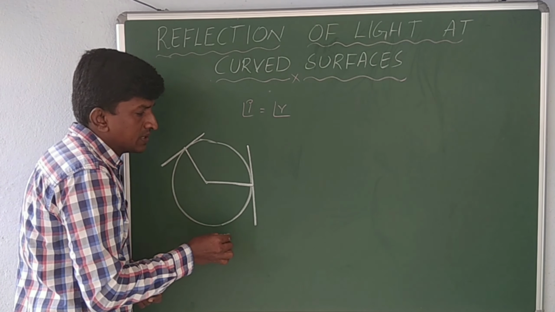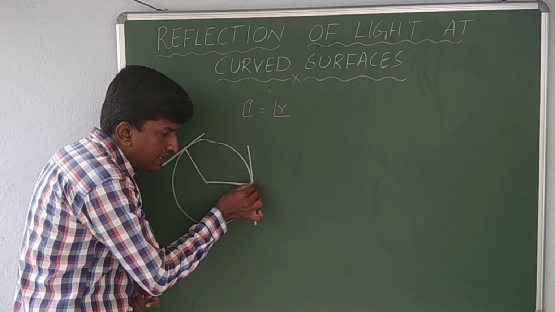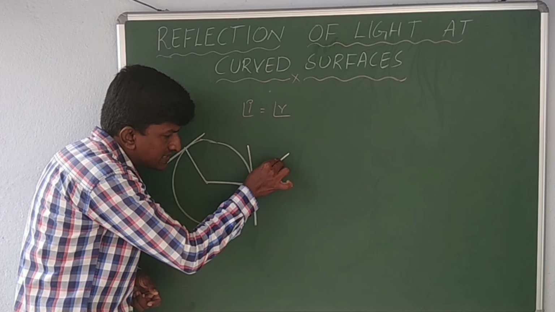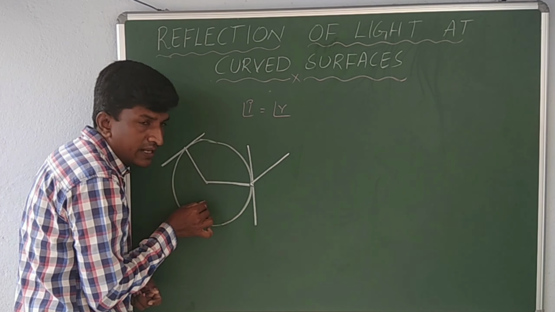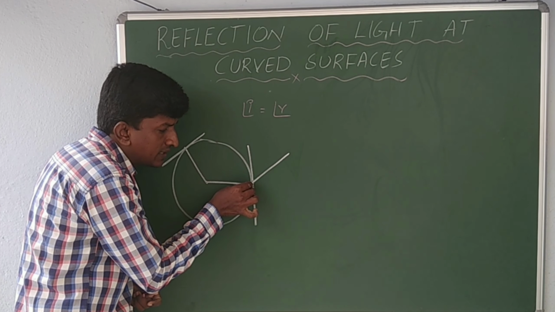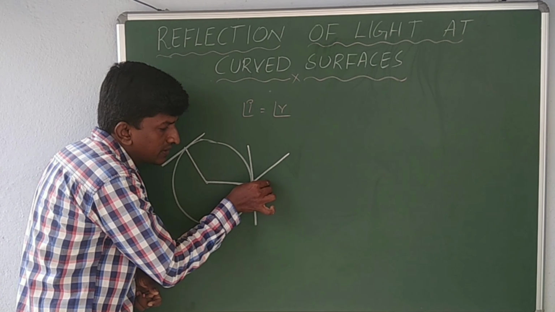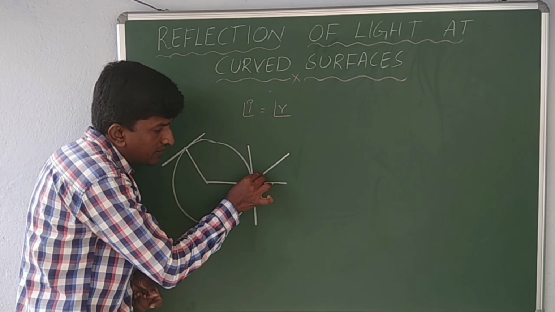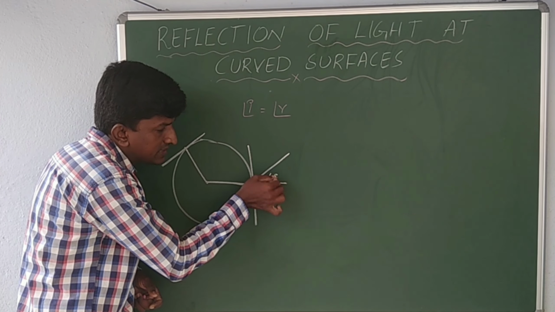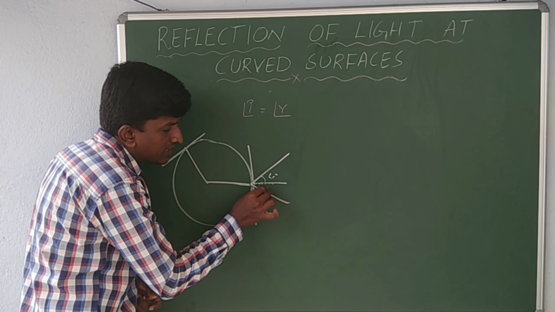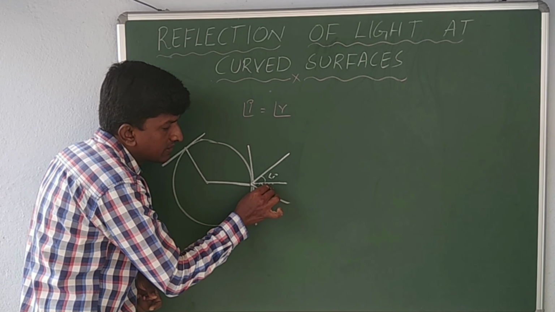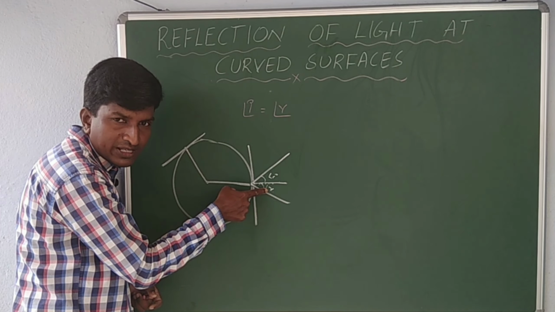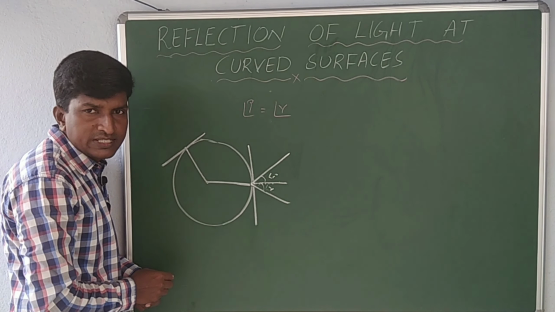If light is incident at this point, then we need to take the normal line by prolonging the radius of curvature. So this is the normal line, here is the angle of incidence, and it gets reflected with the same angle. Angle of incidence equals angle of reflection, whatever the place.